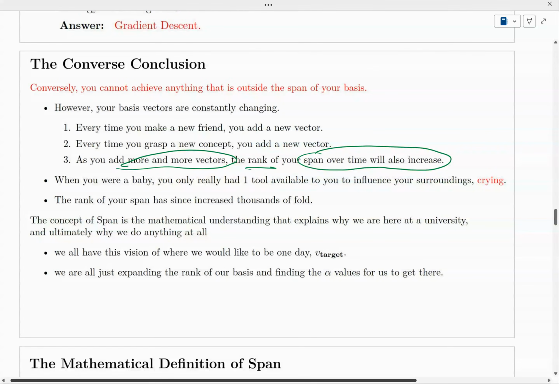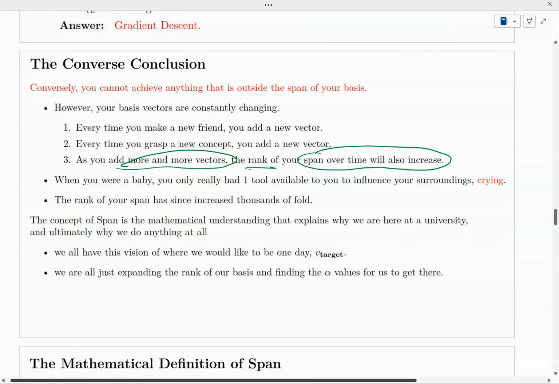By doing these things, you are expanding, increasing the span of the realm of possibility. Remember, span is the space of all the possible things you can achieve. And by increasing the rank, increasing the total dimension, you are drastically increasing the possibility of what you can achieve.